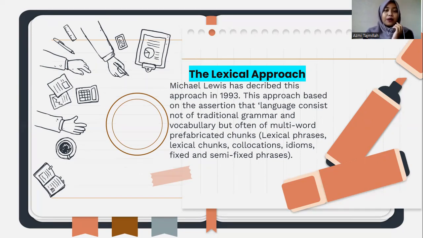And word order exercises can be done in this approach.